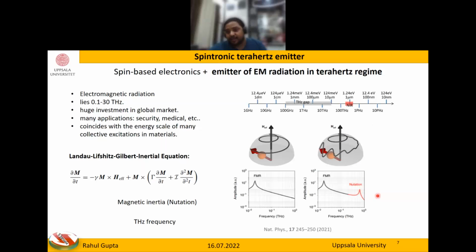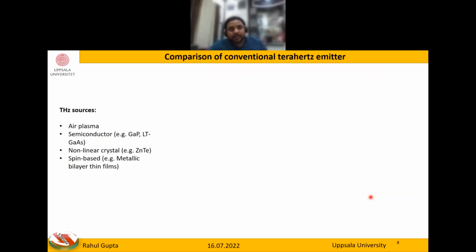So in order to characterize these kinds of properties, one would require a tunable terahertz source, and for applied science, one requires a continuous broadband terahertz source. So what are the terahertz sources available in the market?